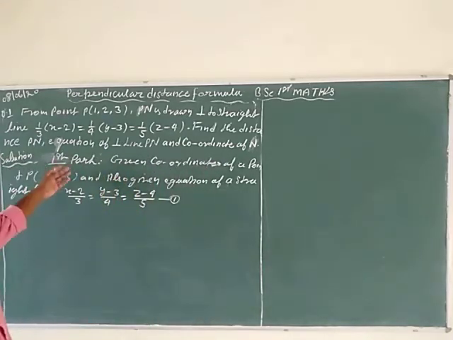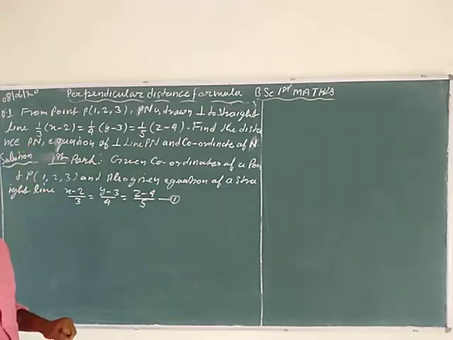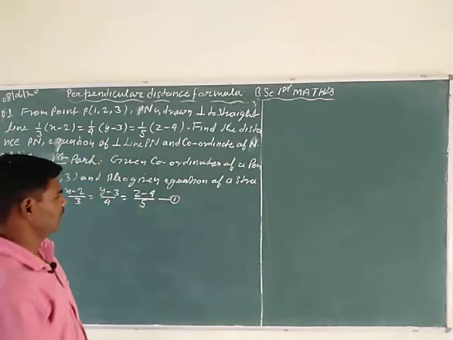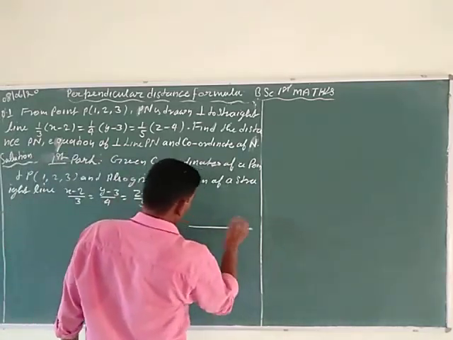Here the aim of the first part is to calculate the distance PN, where N is the foot of the perpendicular drawn from point P to the given straight line. Please draw a figure here.